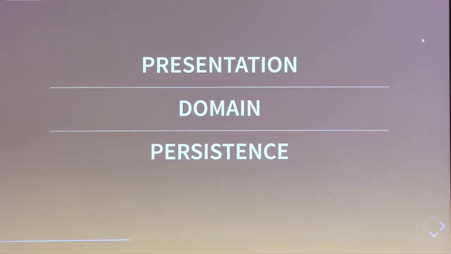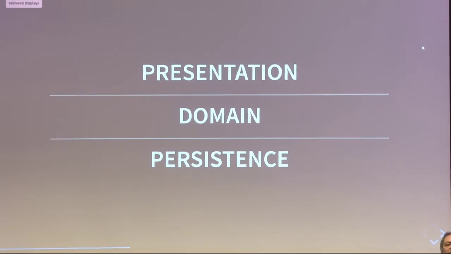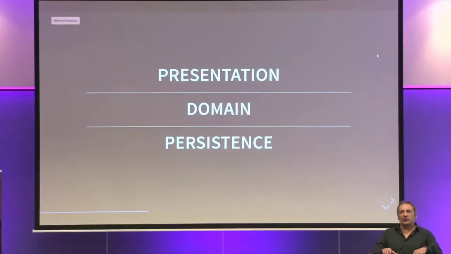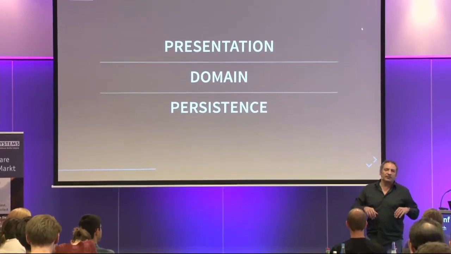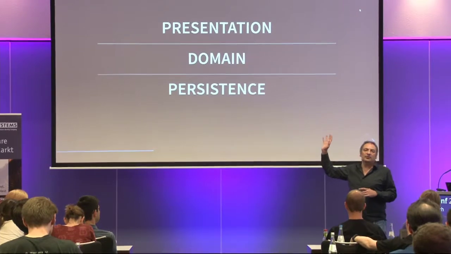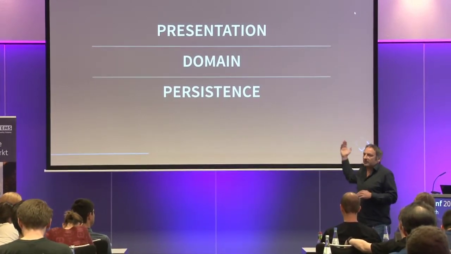For example, typically you have a domain layer. Underneath you have a persistence layer, which allows you to save objects to relational databases, JSON files or whatnot. And on top of it, you have a presentation layer. So what Louis was describing was actually a multi-layer architecture.